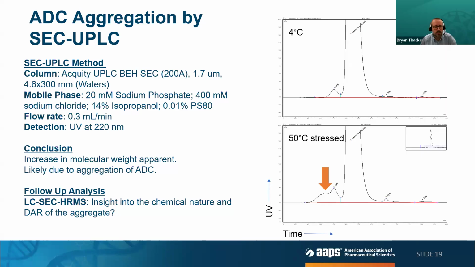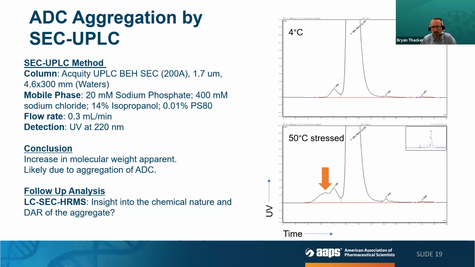I'm showing in each of these next few slides representative data from protein products, in this case ADC, that have been held at 4 degrees Celsius, representing the nascent molecule, versus those that have been stressed at 50 degrees Celsius.